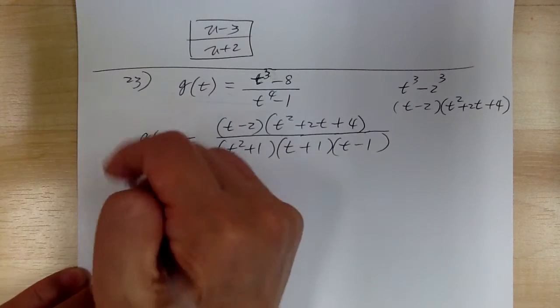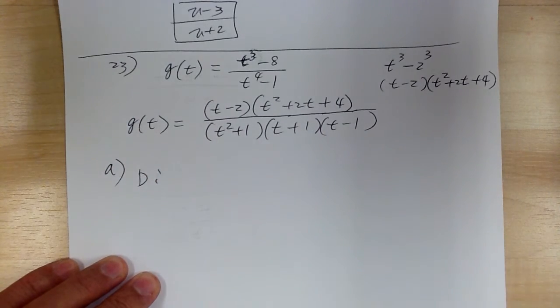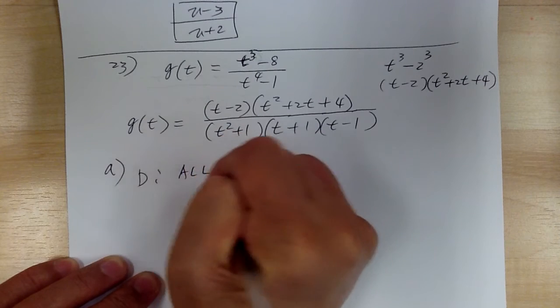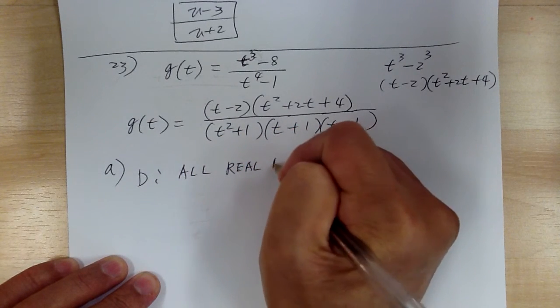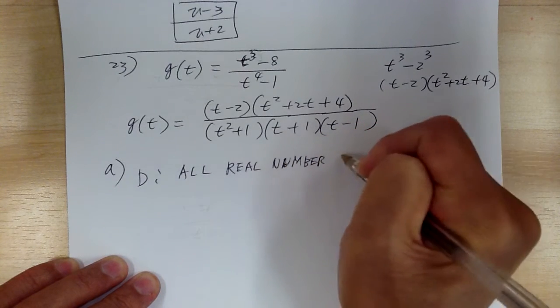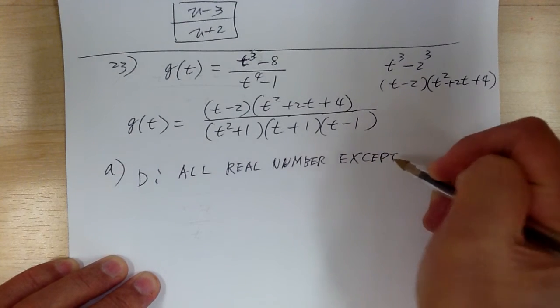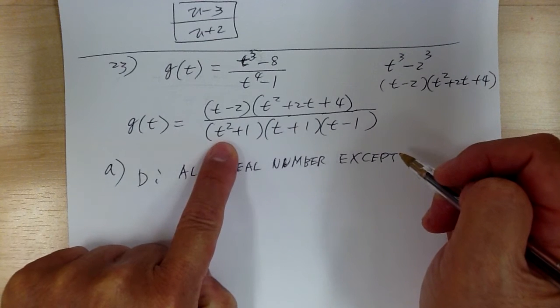Okay. So A, domain. Domain means the values of the x or the t, the input that you're allowed to have. So the answer would be all real numbers except the numbers that make it equal to 0. So this one will never equal 0, right?